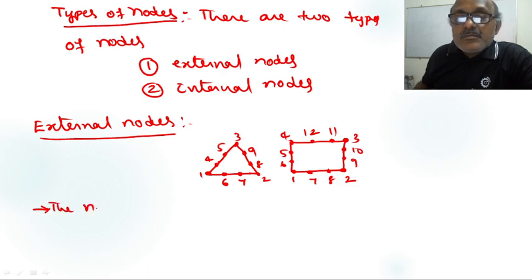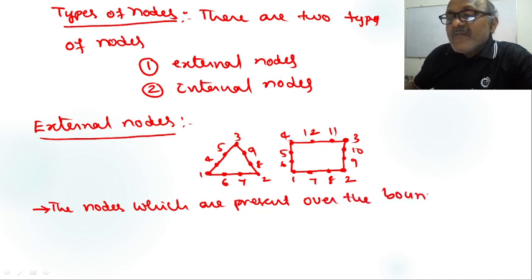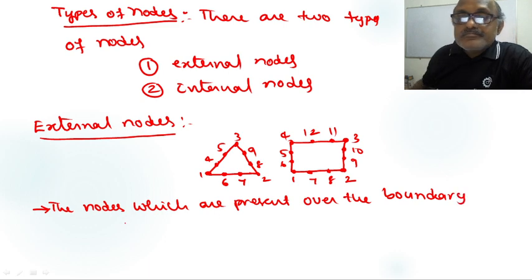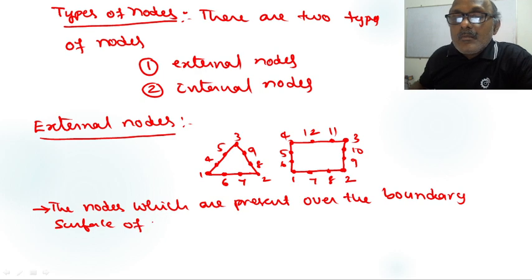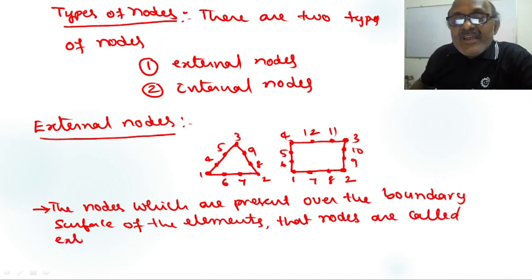The nodes which are present over the boundary surface of the element are called external nodes, my dear students.